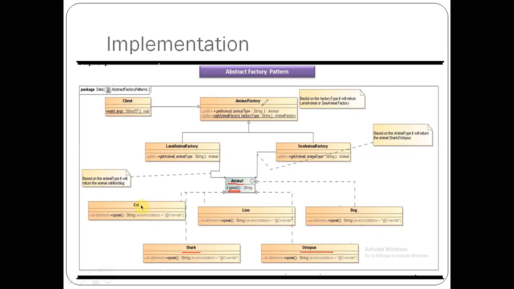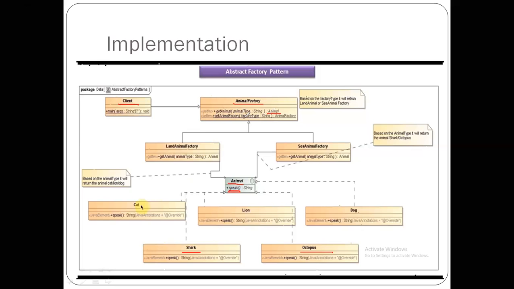After that, this is the client part. The client is accessing the animal factory here. So he may send some input, which kind of animal he wants. I mean, he may send an animal type.